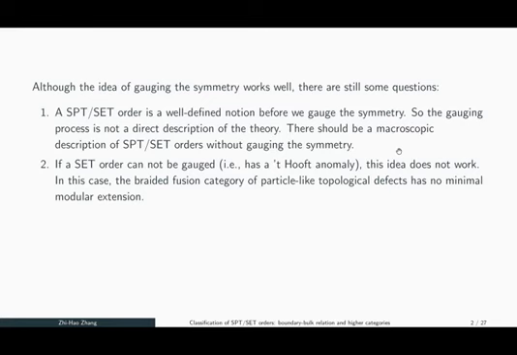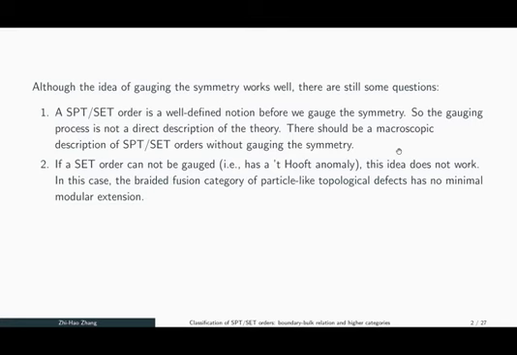There should be a macroscopic description of SPT or SCT orders without gauging the symmetry. The second point is if an SCT order cannot be gauged, physically we say it has a 't Hooft anomaly, and then this idea does not work. We cannot gauge. In this case, the braided fusion category of particle-like topological defects has no minimal modular extensions.